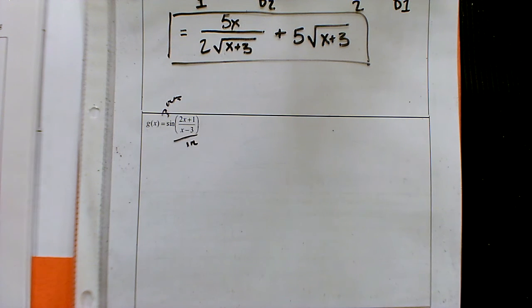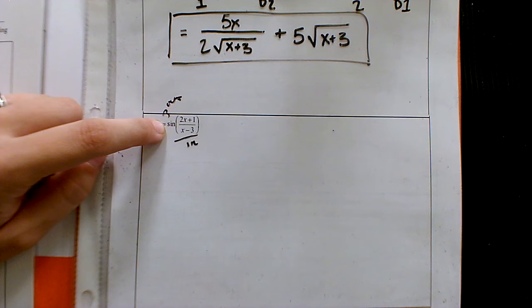So we have to ask ourselves which one is more applicable to use. Which one affects the entire function more? It uses the sine function and what's the inside. It uses everything, right?